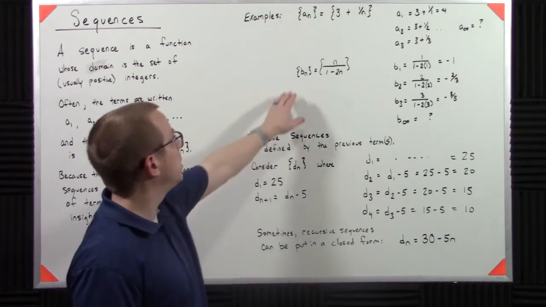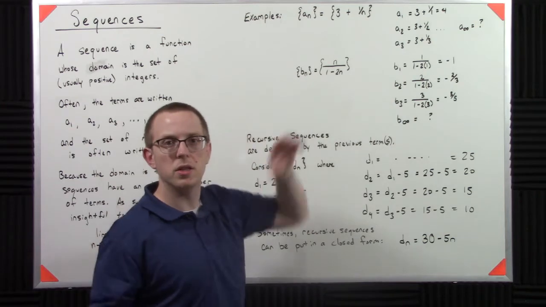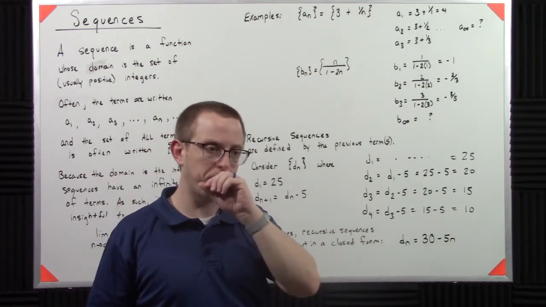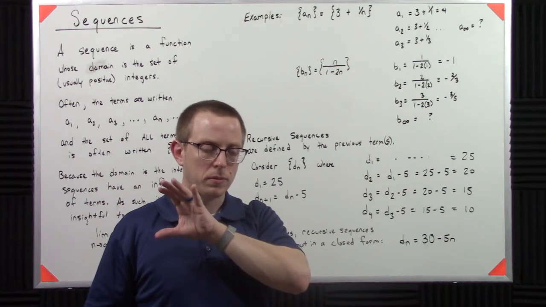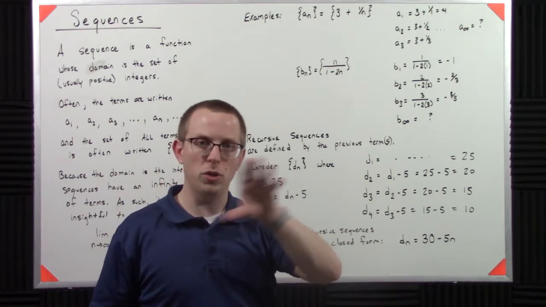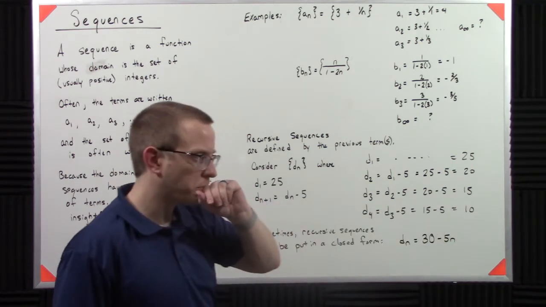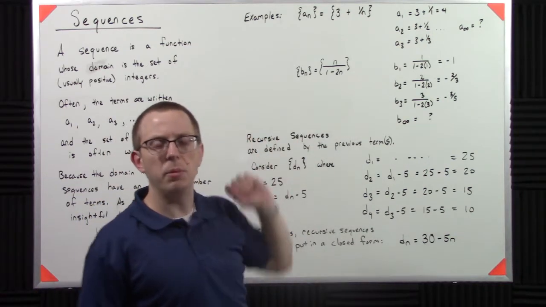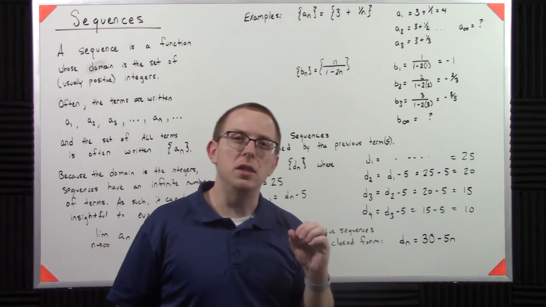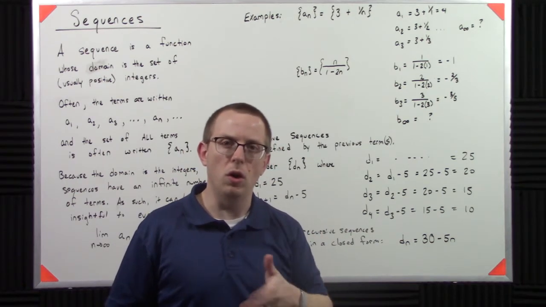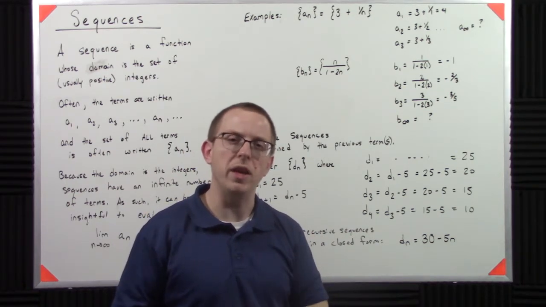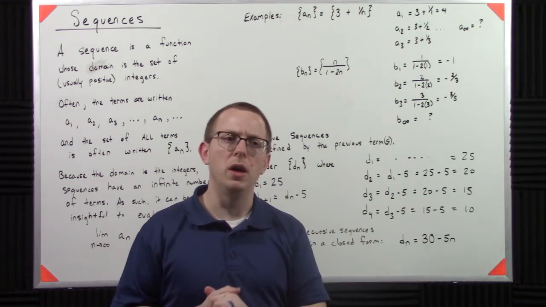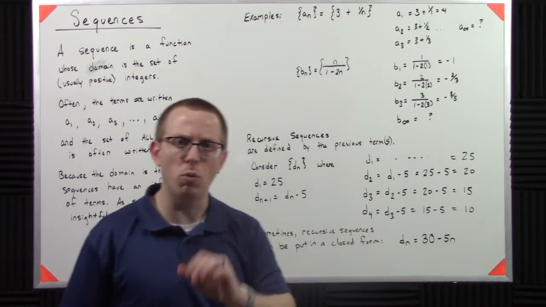If this was f of n equals this over the entire real numbers, not just the integers, or at least the positive real numbers, you can usually take that limit, and if that limit is 0, then the whole thing's going to be 0, which is nice. But if that limit's not 0, you do have to be a little more careful, and we'll get to sequences like that as we go on, so don't worry about this now.